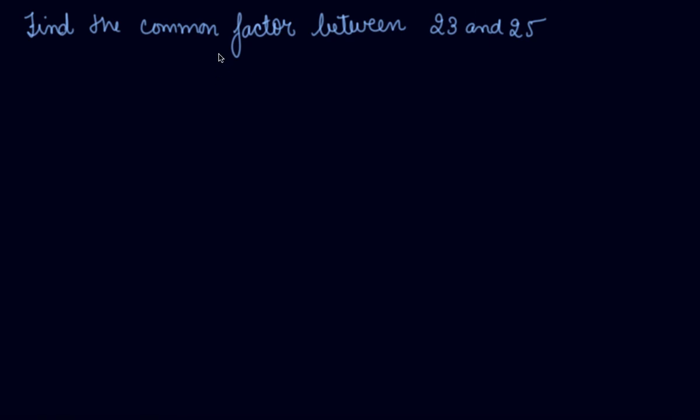In this question, we have to find out the common factor between 23 and 25. So the factors of 23 are 1 and 23 only, because 23 does not divide by any other number. If I talk about the factors of 25, the factors are 1, 5 and 25.